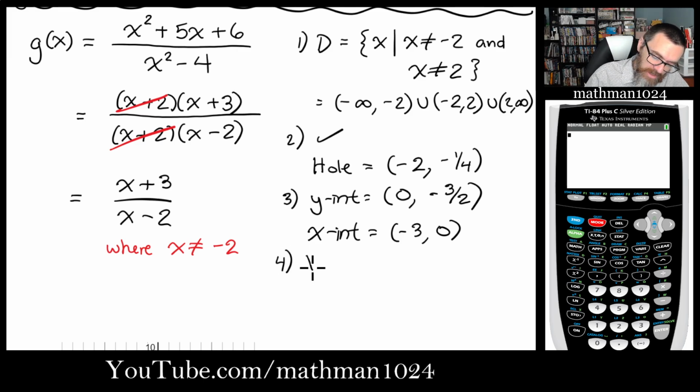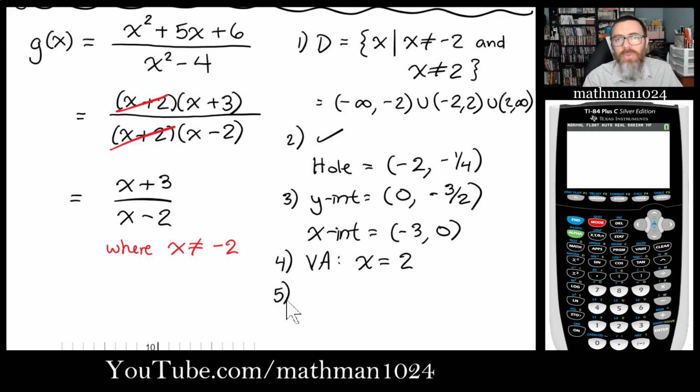All right, step 4 is to identify the vertical asymptote, or asymptotes, if any. But it has to be from that reduced form. So from here, what makes that denominator 0? That's going to be x equals positive 2. We identify any horizontal or oblique asymptotes. So to do that, we have to compare the degrees.